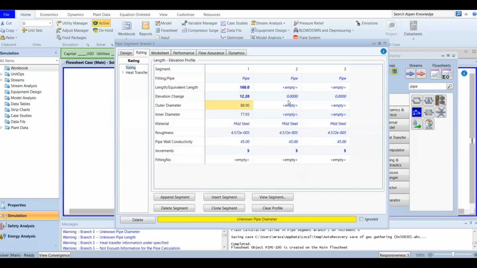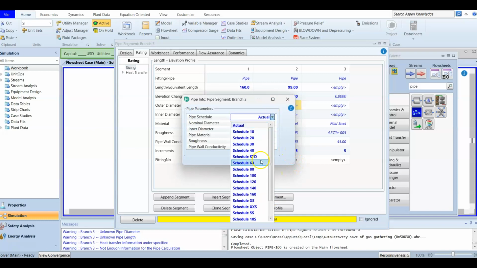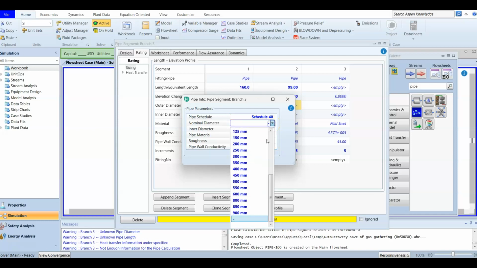Okay, for the second one, we have a length of 99, and it's buried under the ground, negative 14 meter. And also we have to view the segment here. The schedule here will be schedule number 14, and we have a nominal diameter of 80 millimeter.